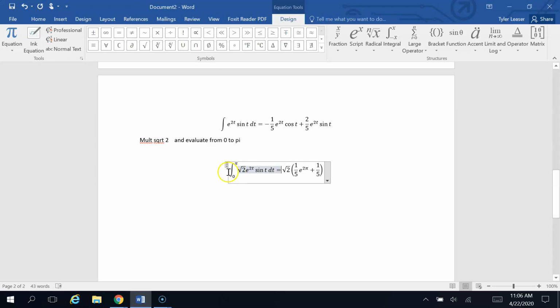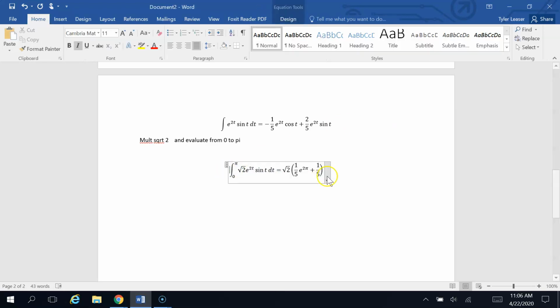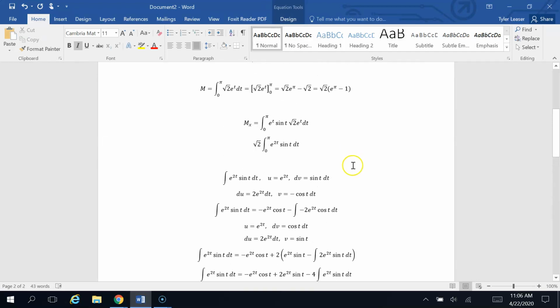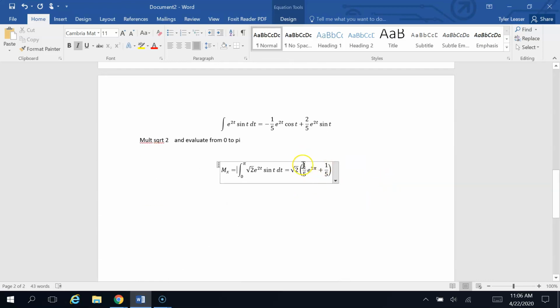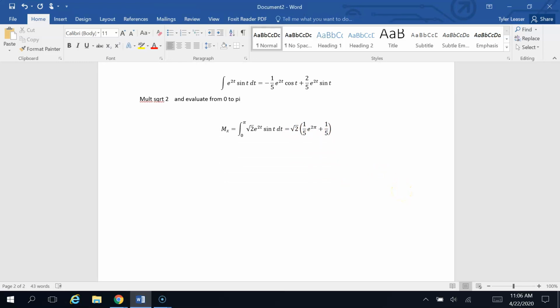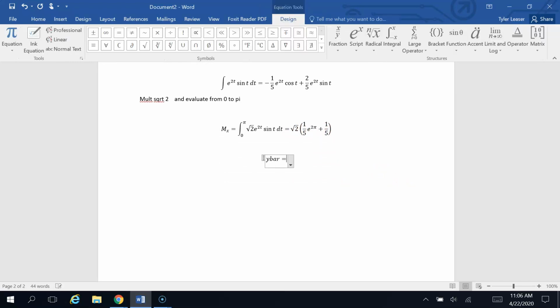And then an even better way of thinking about that is remember that this was our m sub, I forget which one we were solving for, m sub x. All right, so this is my m sub x, the moment about the x-axis, which means that we can go ahead and find our y bar. So remember the y bar is the moment sub x divided by the total mass, which for us is going to be this thing right here.